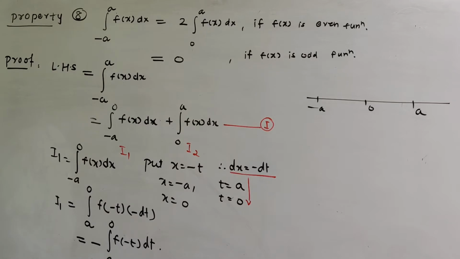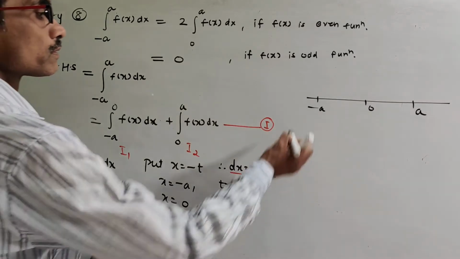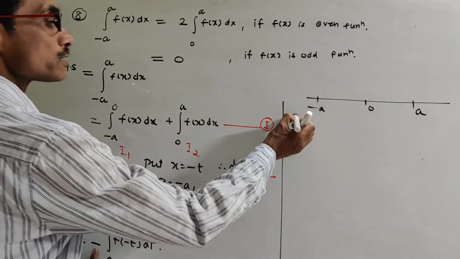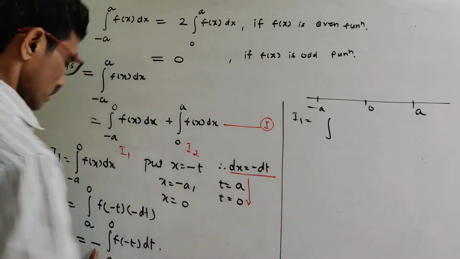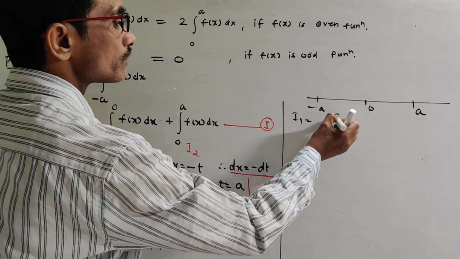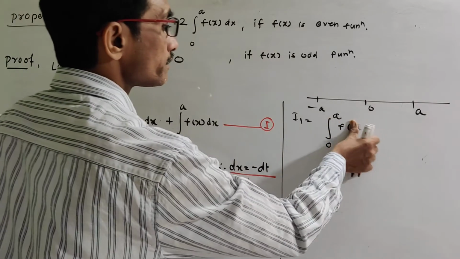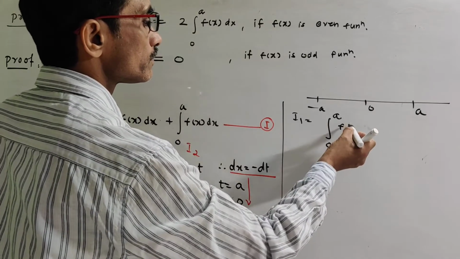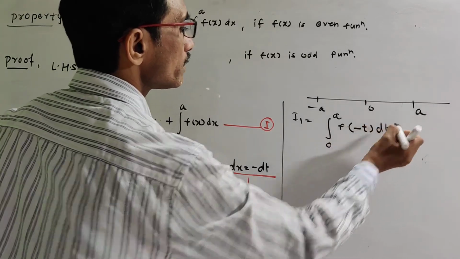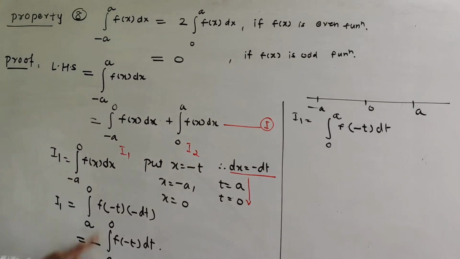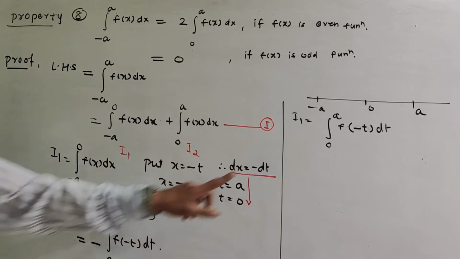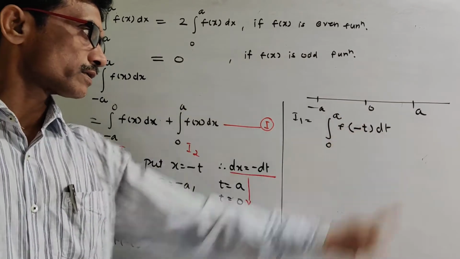Now we use the property that if we interchange the limits, this minus sign will become plus. So I1 is equal to integral 0 to a f of minus t dt.